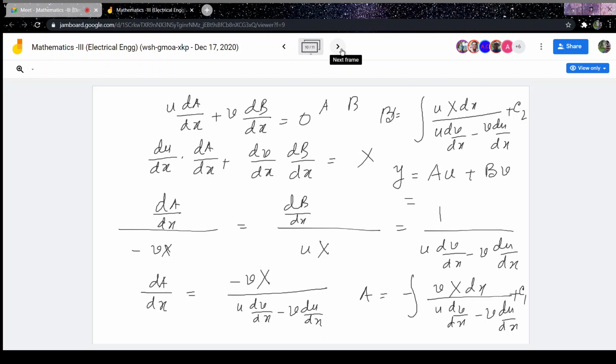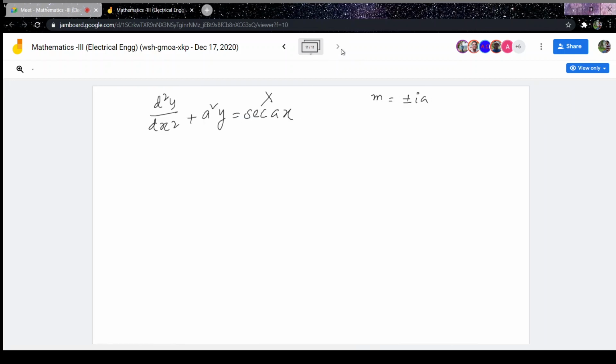So this is complex, so your complementary function is y equal to a cos ax plus b sin ax. So this is our u and this is our v. Now we will assume the solution where A and B are not constants.